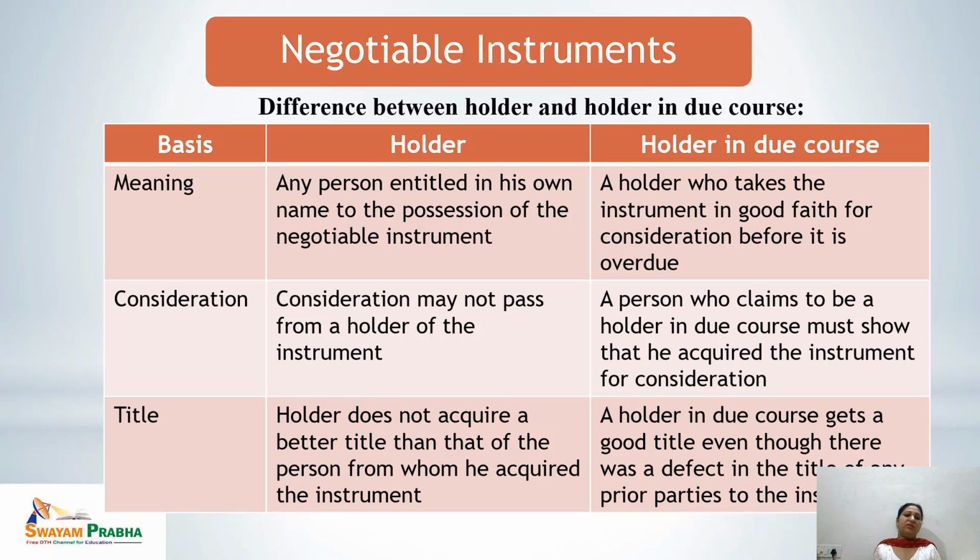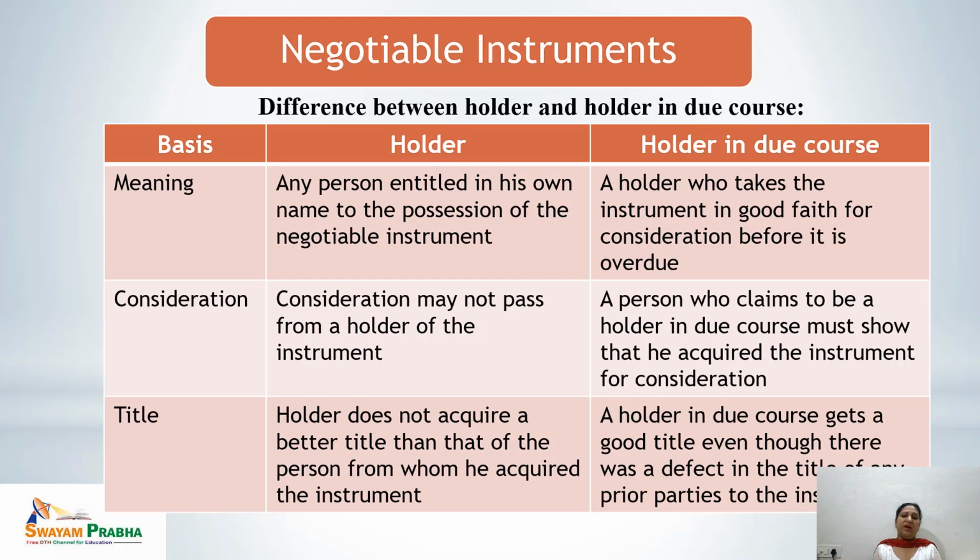Next is regarding the title. The holder does not acquire a better title than that of the person from whom he acquired the instrument, because it is not required that he has to acquire it for some consideration. But in case of holder in due course, the holder in due course always gets a better, good title than the holder.